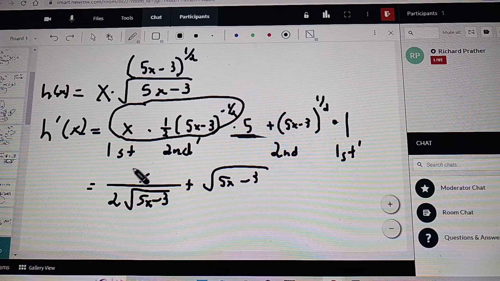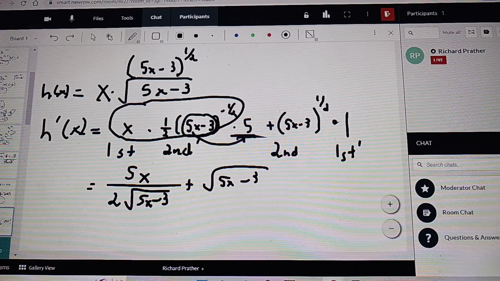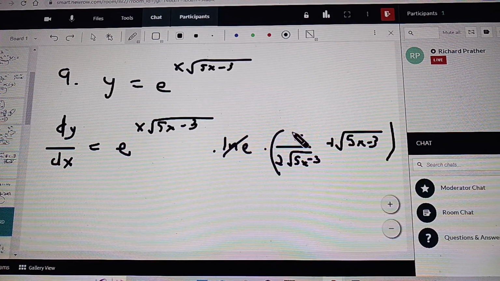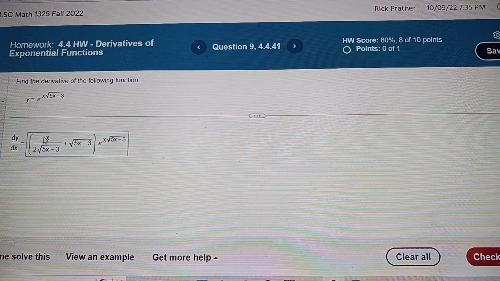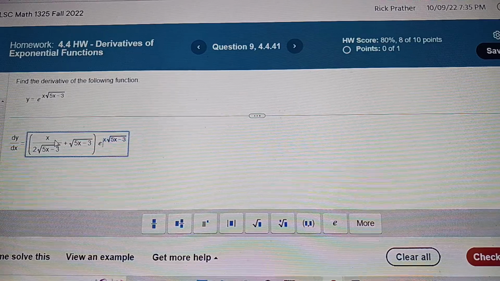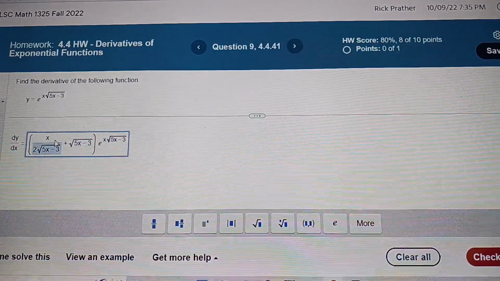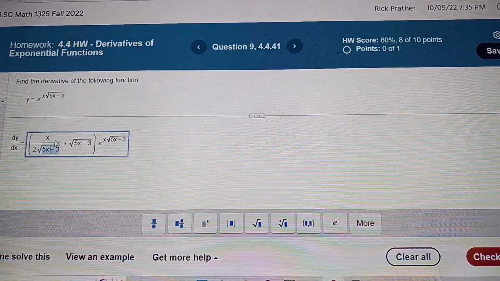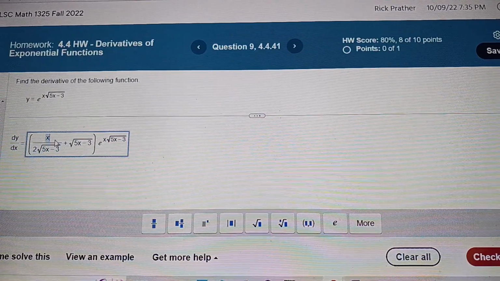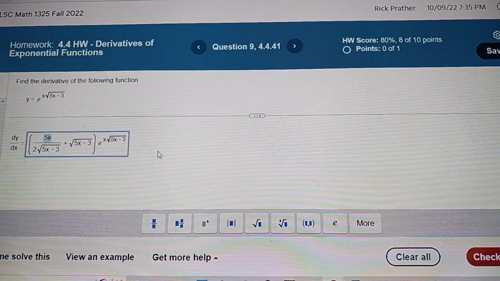That would just stay in the top of the fraction, because the derivative of this has the chain rule applying to it, the 5. I just forgot to write it. So put that 5 up there in the top. There should be an extra 5 up here. There, 5x.